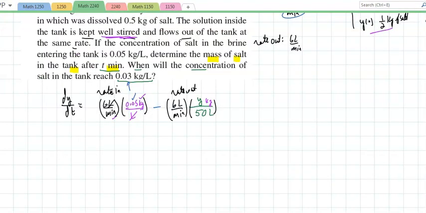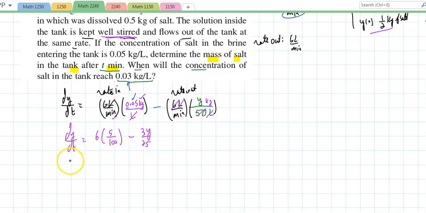Okay, so now, if I really simplify this a bit, those under each other, I'm looking at dy/dt equals, and if I really write this, this is 6 times 5 over 100, minus 6y divided by 50.